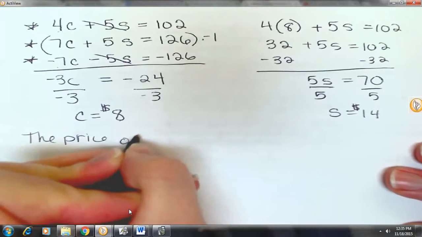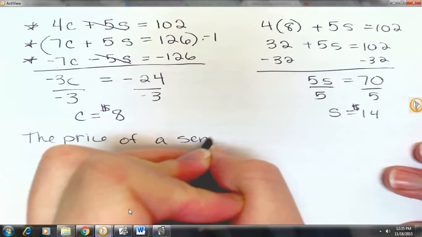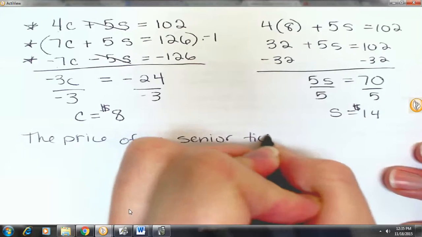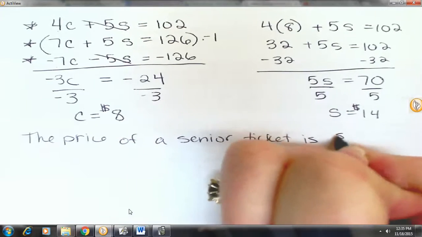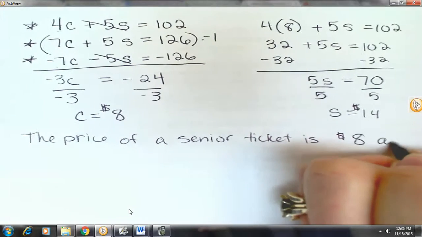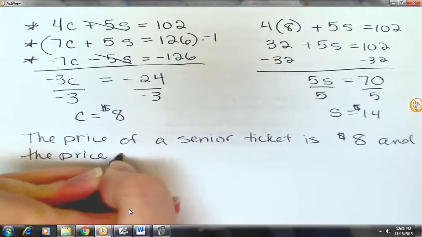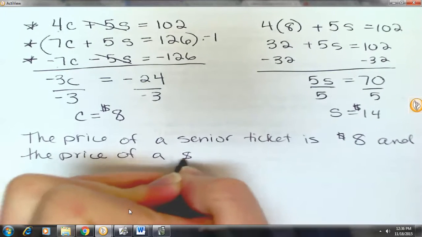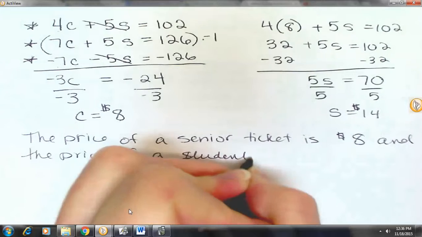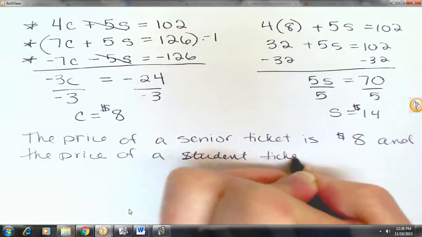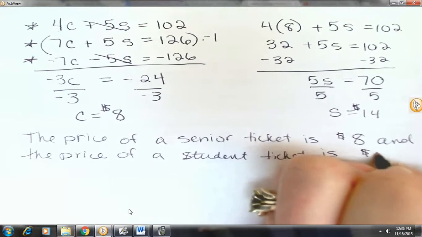The price of a senior ticket is $8, and the price of a student ticket is $14.